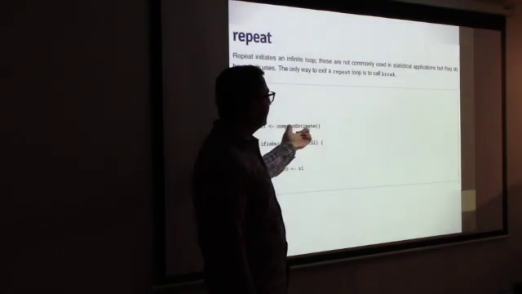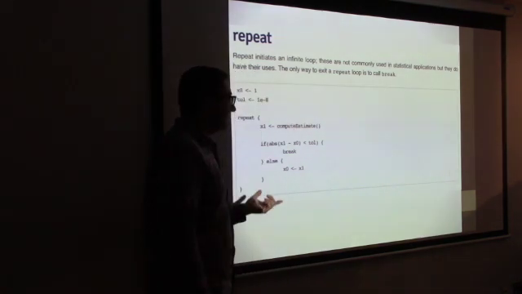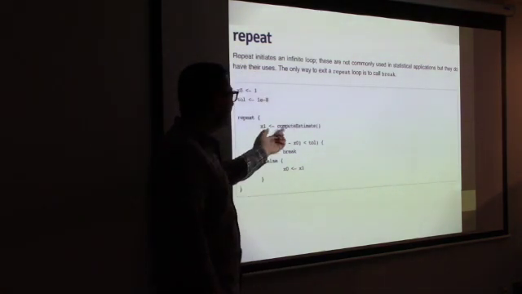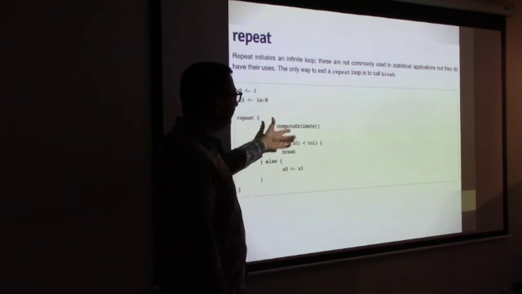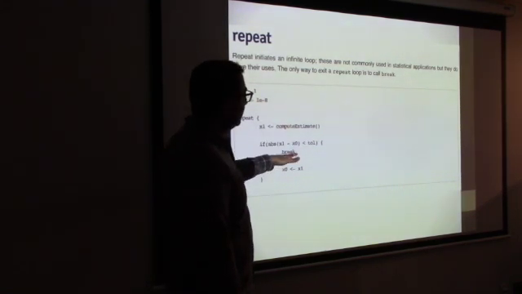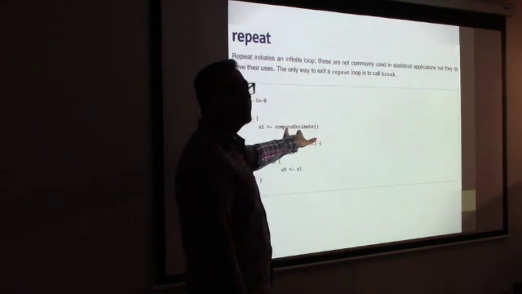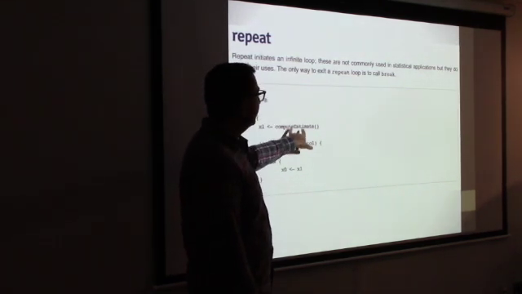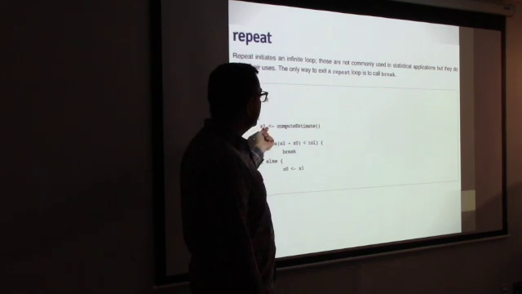There's a function called compute estimate that we don't know where it is, but it's somewhere in the code. It computes an estimate for x1, so it gives you a new value for x1. You don't see it yet, but just assume that there is a function that gives another value for x1.